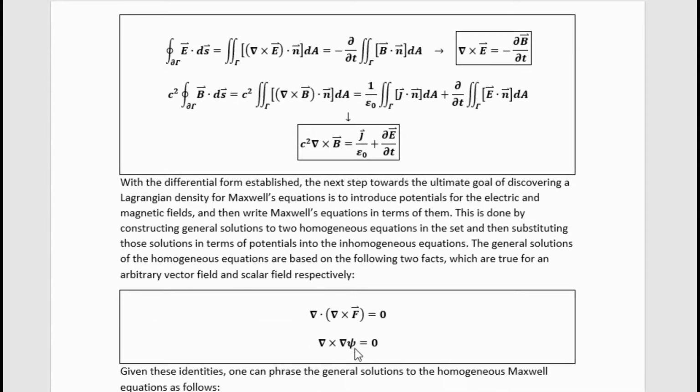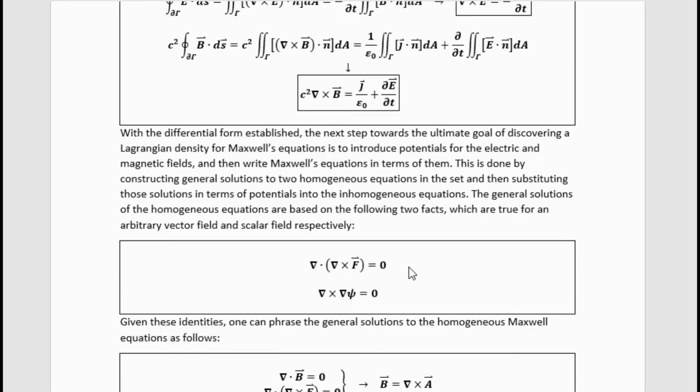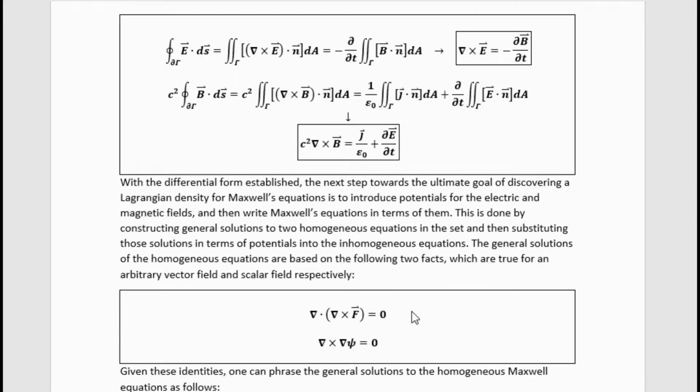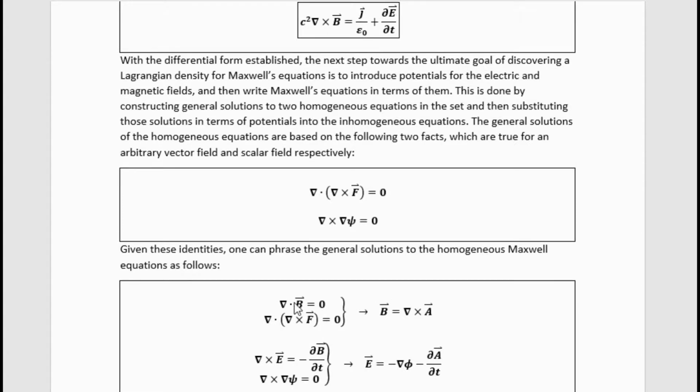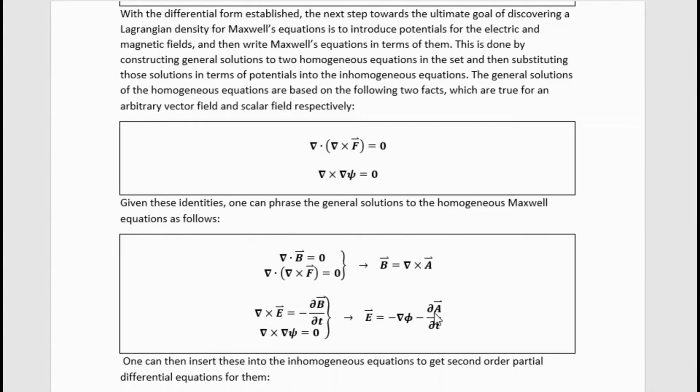These vector calculus identities here allow us to write general solutions to the homogeneous Maxwell equations and then through those re-express the inhomogeneous equations in a useful way, which reduce the number of equations we have to deal with. So if we take this Maxwell equation and this identity, we can identify the general solution for B as being the curl of some other vector field.